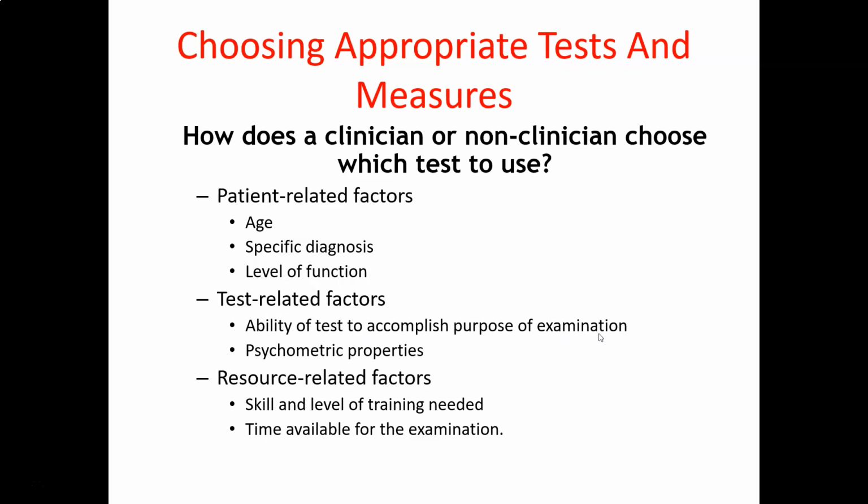Why are we doing the test? Even if we do the test, are we going to be able to use that information? There's psychometric properties, cognitive properties, resource-related factors, skill and level of training needed, time available for the examiner. Can we even pull this off? Can we even do this test? And do we have the time? If a test takes an hour and they only have a 20-minute session, do we even have the time to do it?